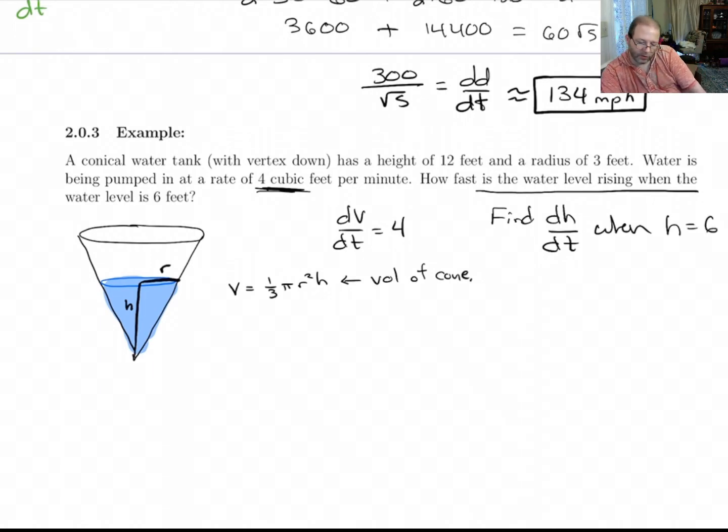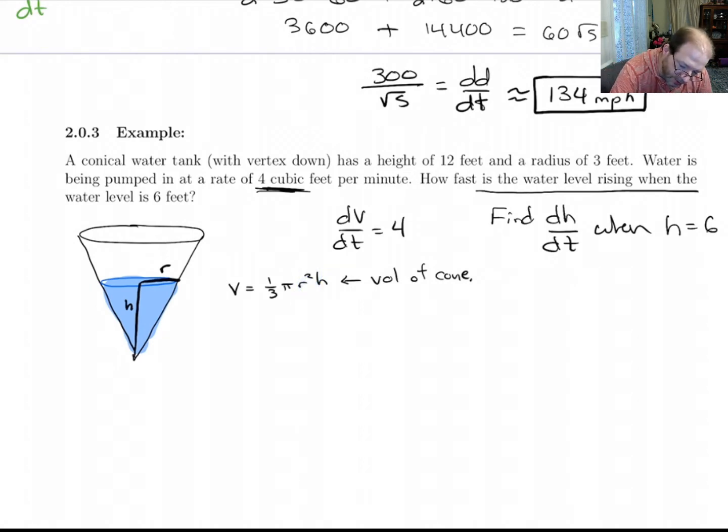Okay, so what we need to do first is eliminate the r, because we're given dV dt and we're asked about dh dt. So let's rewrite this getting rid of the r.